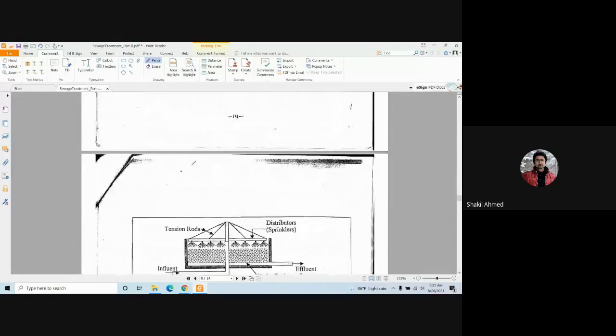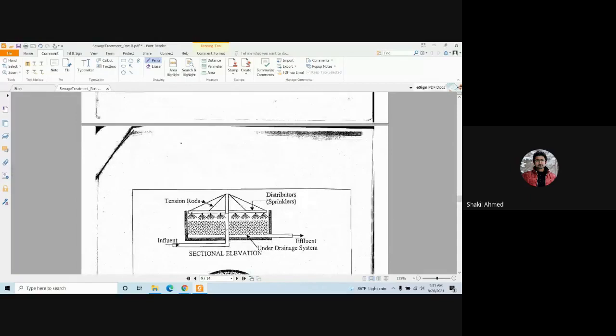So let's see a trickling filter. This is the trickling filter. These are the crushed stones. Basically they are like this, and the water percolates through them like this.